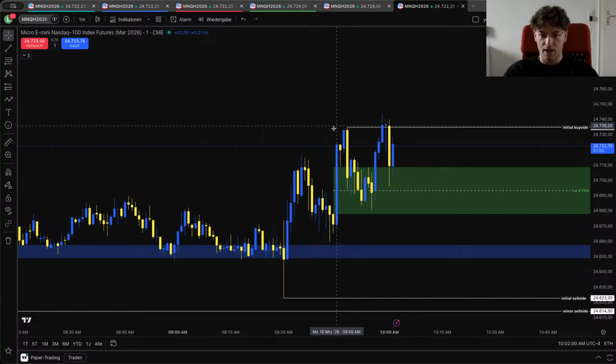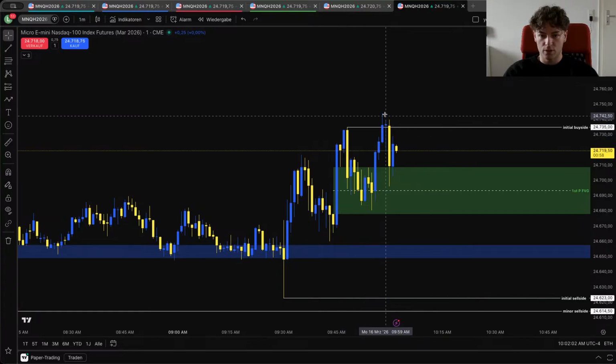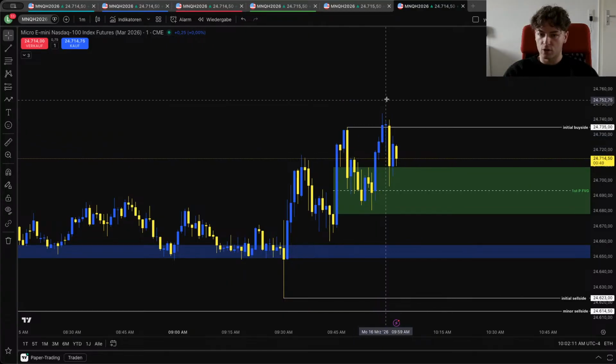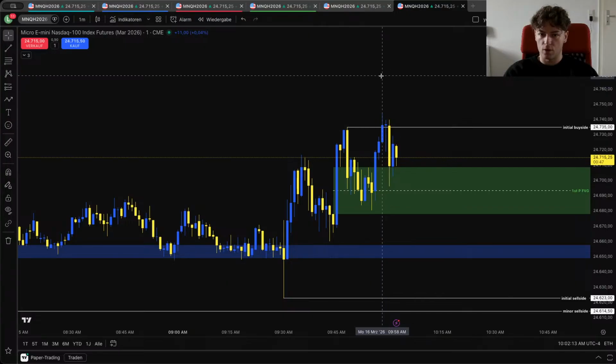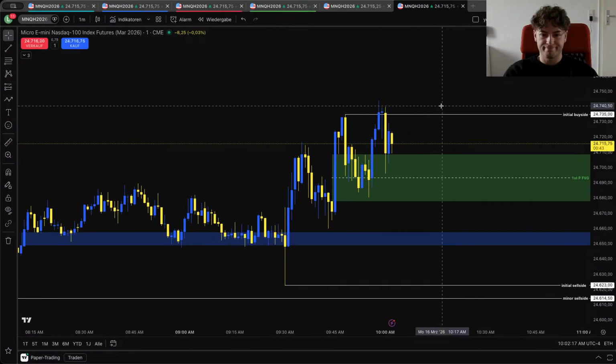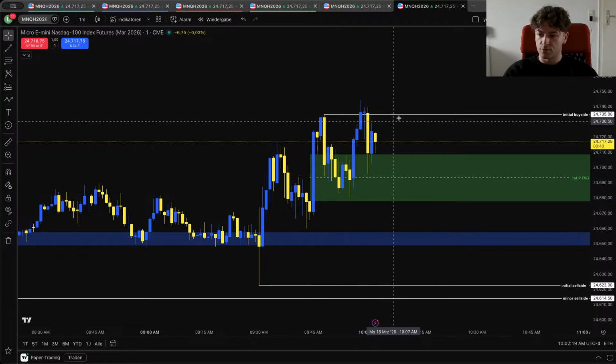We have taken out the high again, but price is only wicking above this high, and look where it closes. We don't see strong bullish candles closing strong without creating premium wicks. So that doesn't look too bullish for me.